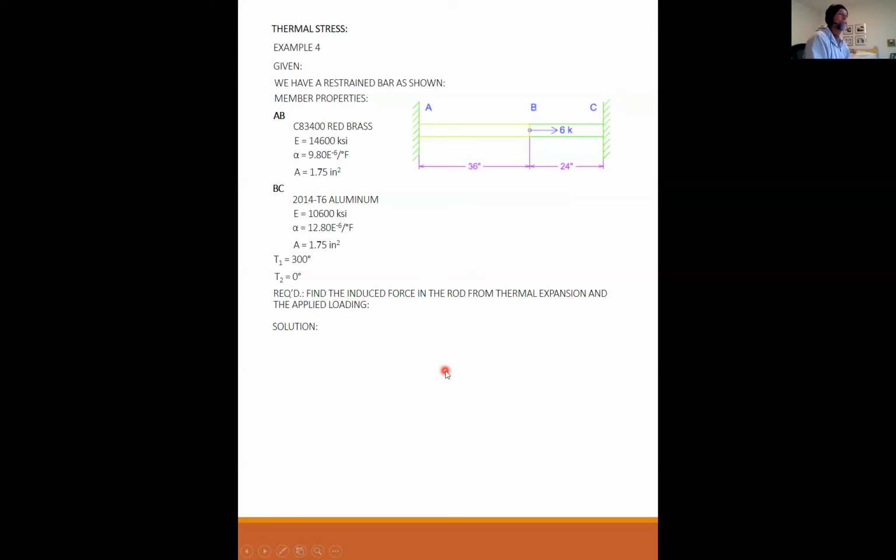Before we start looking at the solution, intuitively, looking at the problem, would you say that the force from the loading and the temperature change in AB is the same as the force in BC? Anybody?